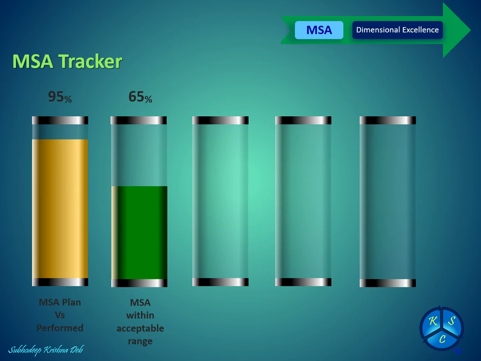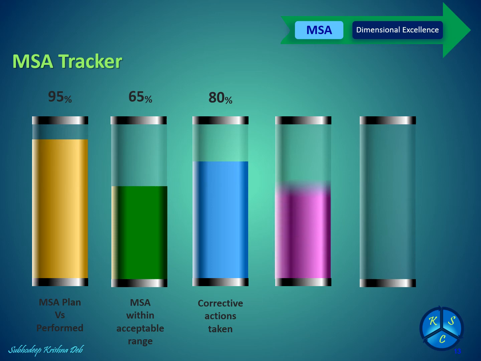But if it is not coming within the acceptance criteria, we also have to monitor the corrective actions that need to be taken. We have to monitor whether the corrective actions are getting implemented correctly, whether it is the right way to do the process, and whether the process is getting standardized. After the corrective actions are taken, we have to monitor whether the MSAs are being performed again, and the improvement we achieve after the corrective actions also needs to be monitored.